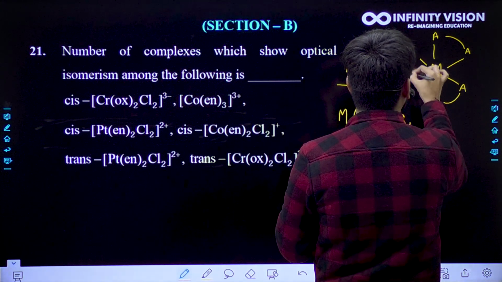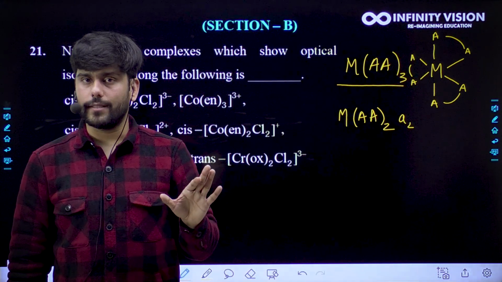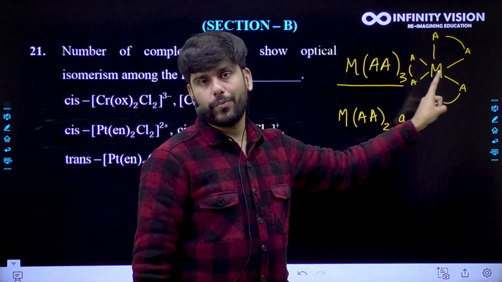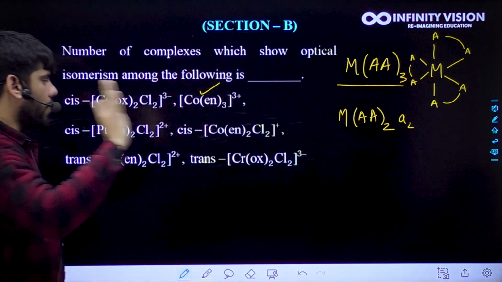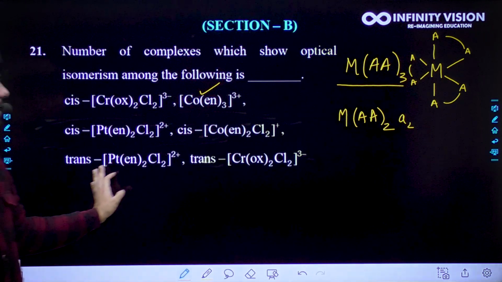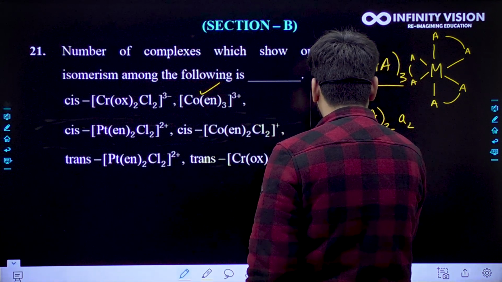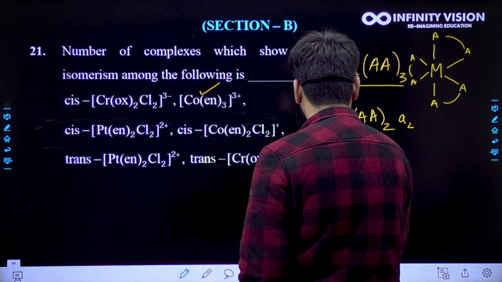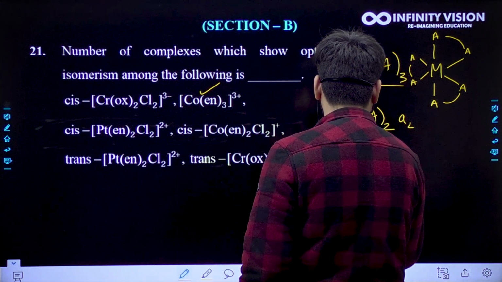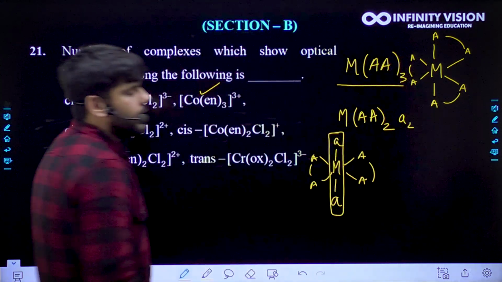There cannot be a POS. So yes, this is always optically active. In the case of trans geometry, there is always a plane of symmetry, right?